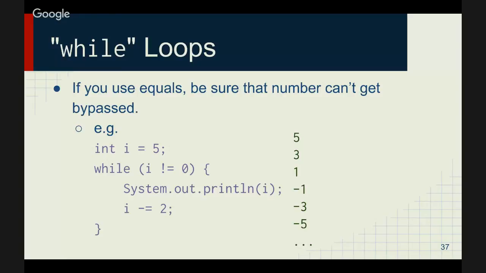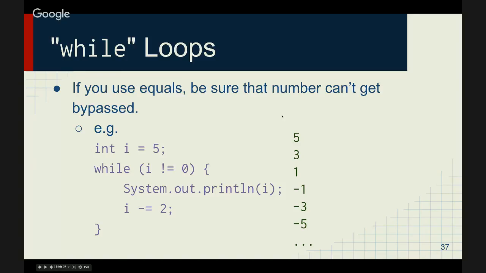It's the same scenario as if you had done equals with these squares, because there is no integer whose exact square is 2000. So we would have passed it and keep going. So it's generally safer to just use less than or equal, greater than or equal. And then the last common error is making sure, just like the mistake that I had earlier, the variable in the condition is modified in the loop.